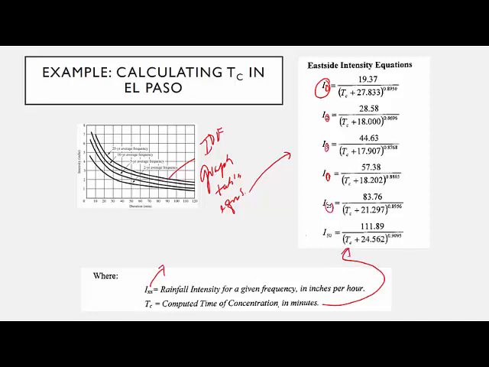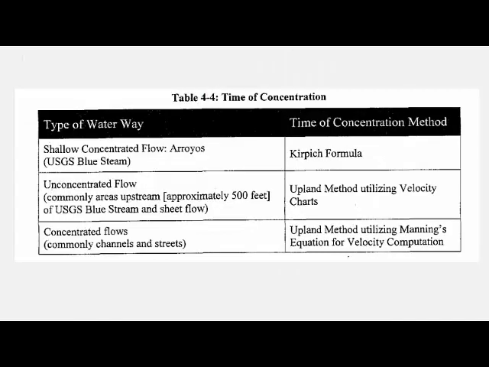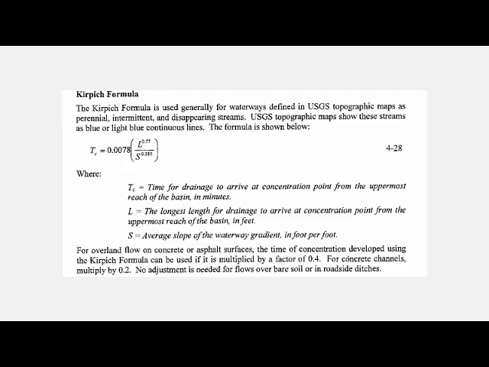And then in the drainage manual, it tells you that the time of concentration you calculate in different ways depending on the waterway that you have. So if you have shallow concentrated flows, you use the Kirkpatrick formula, unconcentrated and concentrated flows. This is very similar to the same method that was presented in the class earlier, okay?